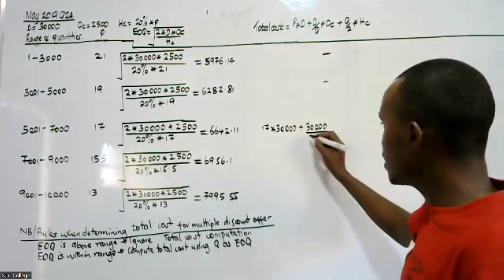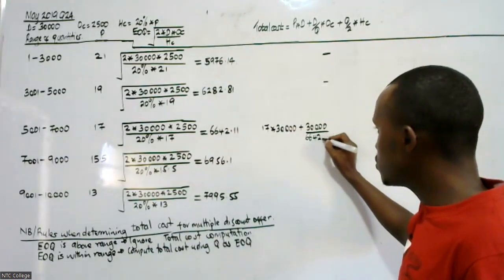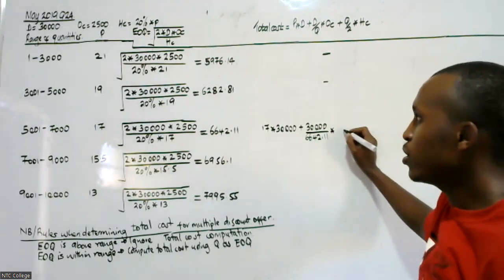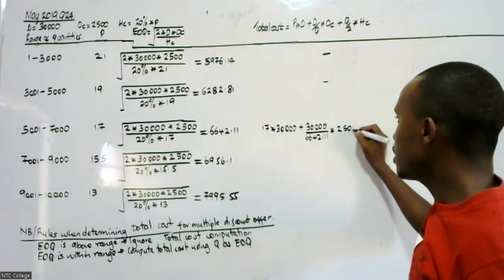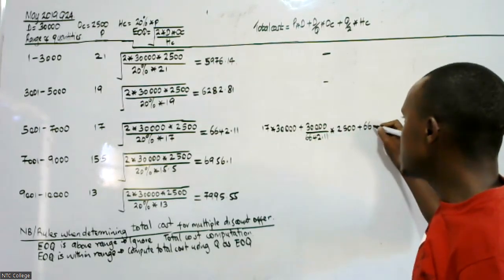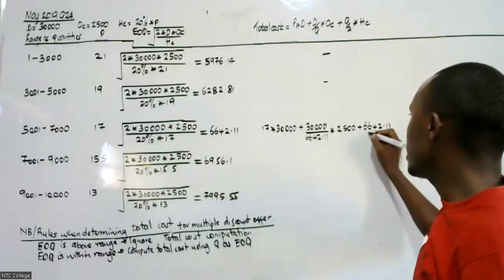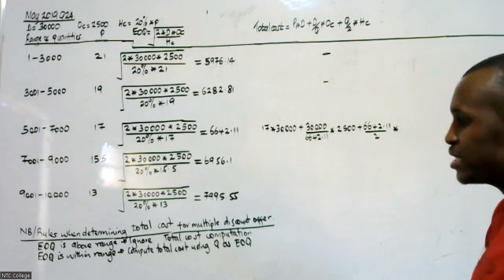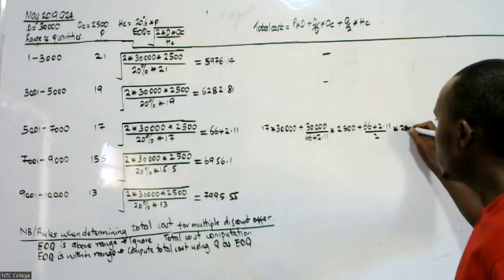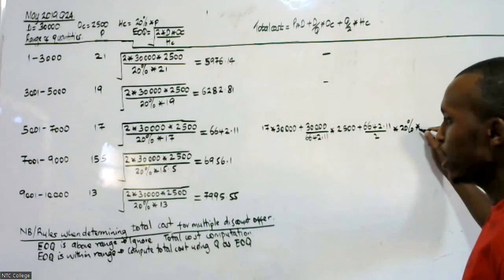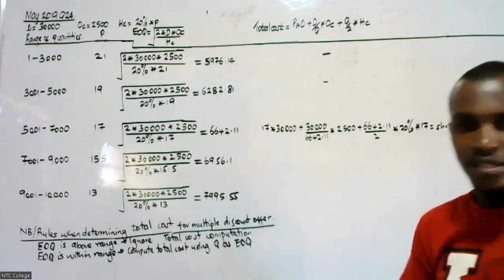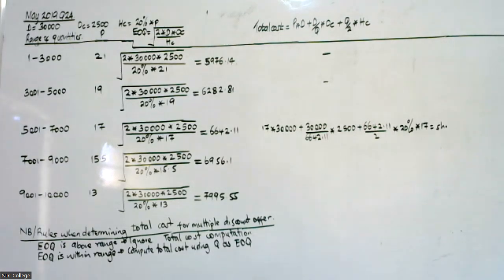So you're going to divide that by 6,642.11 times your ordering cost, which here is 2,500, plus 6,642.11 divided by 2 times 20% of your purchase price, and your purchase price was 17.